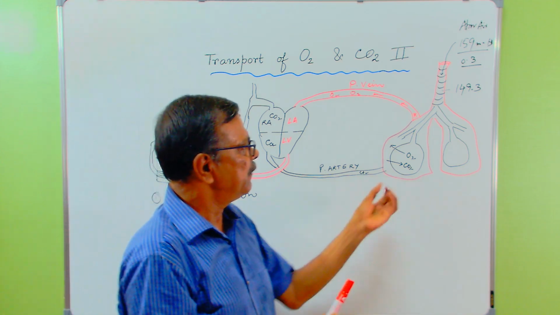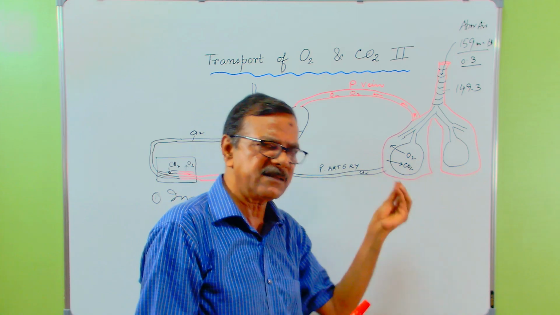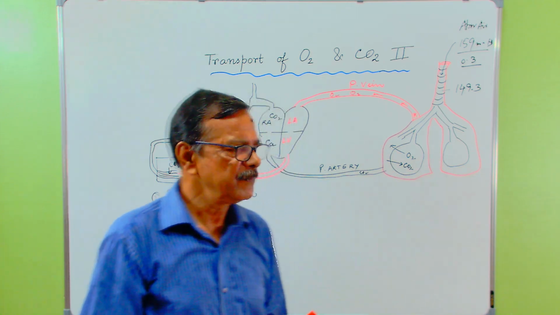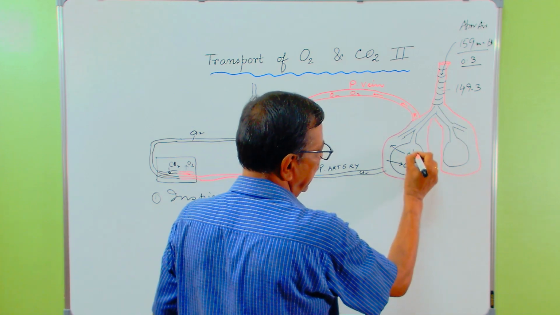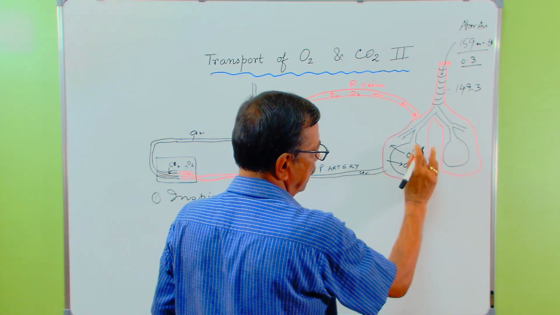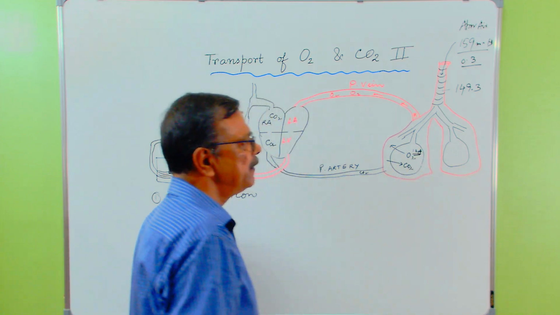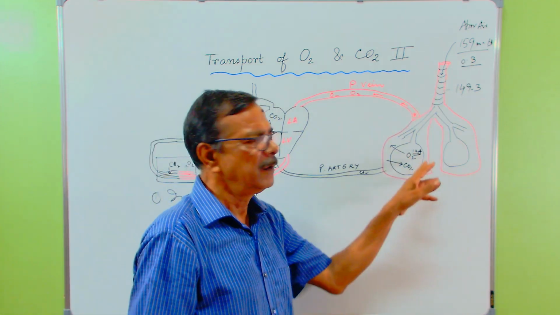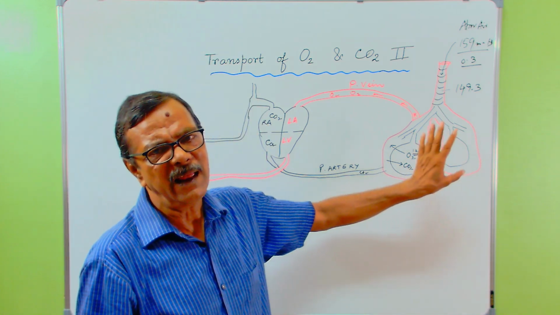Even if you expire forcefully, the gas exchange continues. So here it comes down to 104 millimeter of Hg.